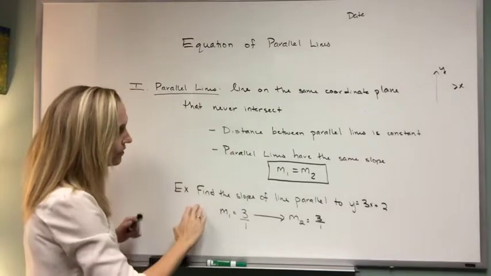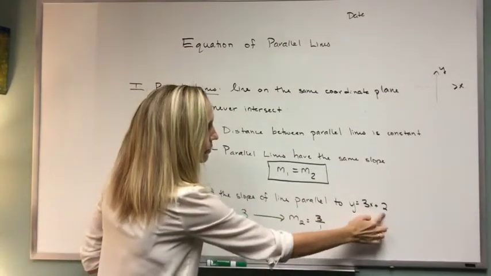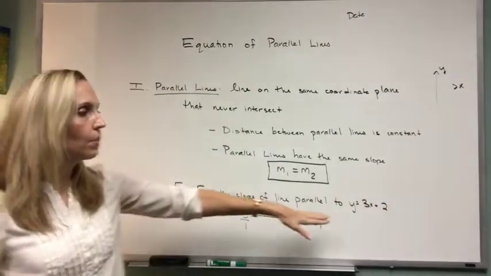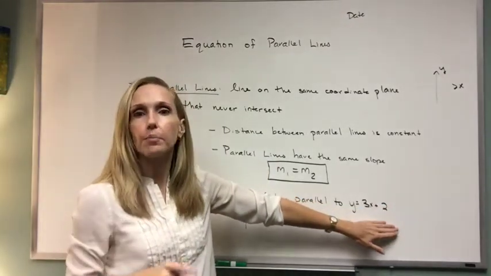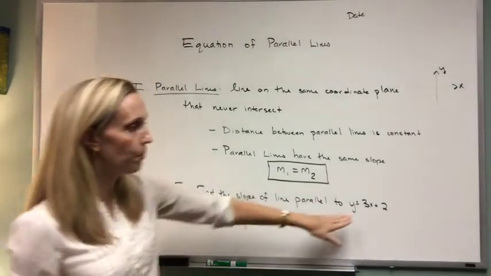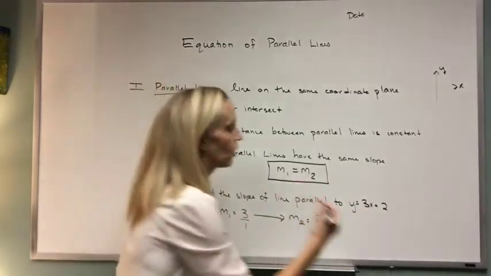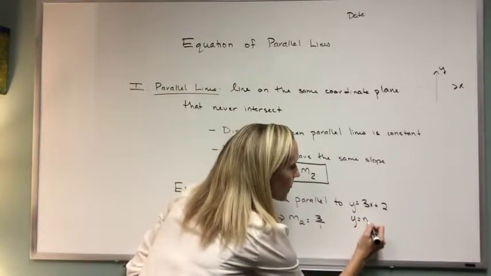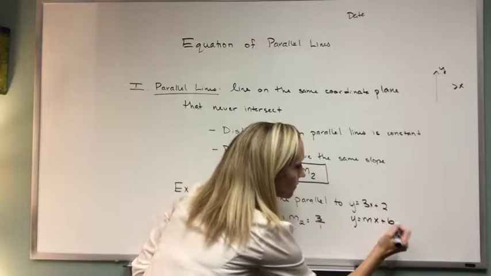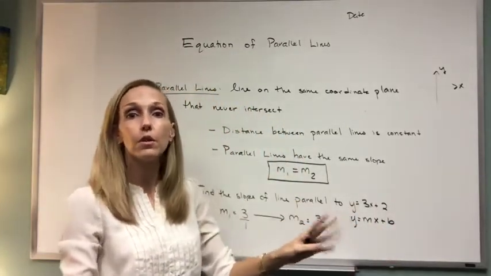So for example, if I were to ask you to find the slope of a line parallel to y equals 3x plus 2, well, we know that we're in slope-intercept form because that y is by itself. So we can easily find that the slope of the line is right before my x. So I know that the slope here is 3. Now, I don't really care what my y-intercept is because we're just trying to find the slope.